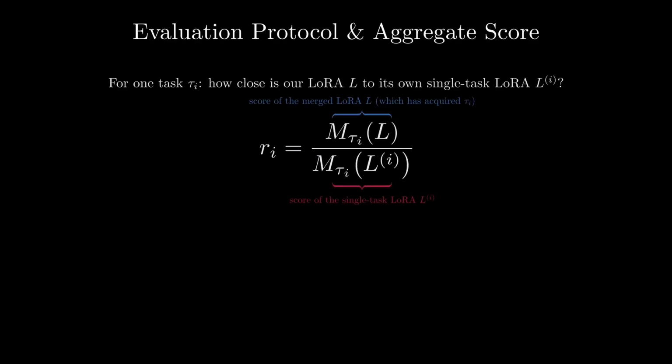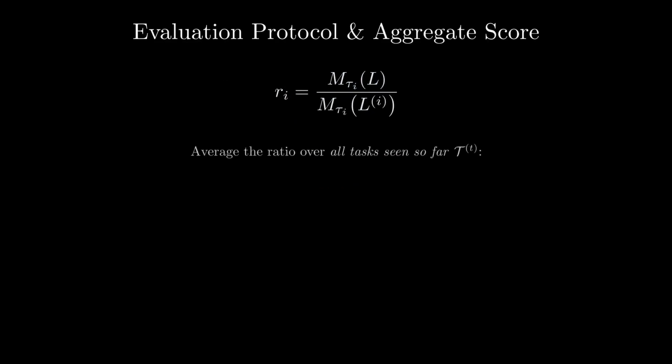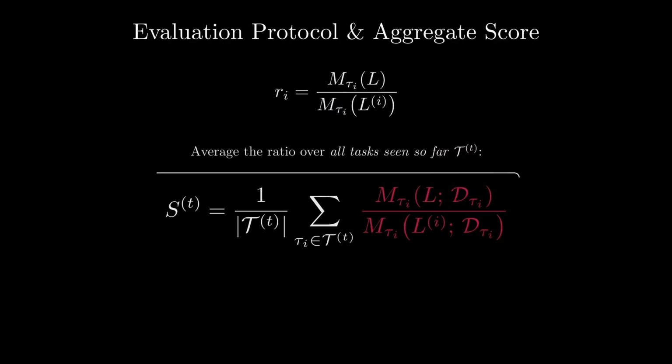Let's call the metric for task tau i M tau i. We measure closeness with a ratio, the merged model score, M tau i of L, divided by the single task LoRA score. When this ratio equals 1, our merged model is as good as a dedicated single task LoRA. The aggregate score at step T is just the average of these ratios over all tasks seen so far.